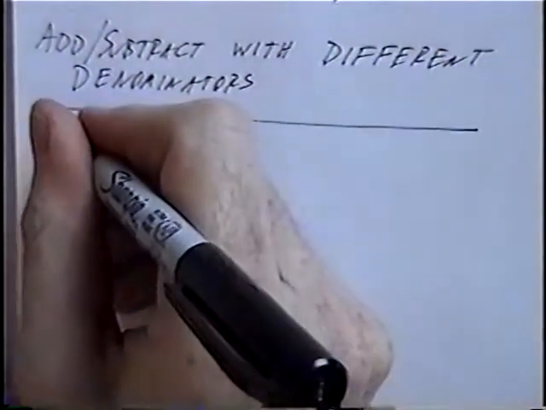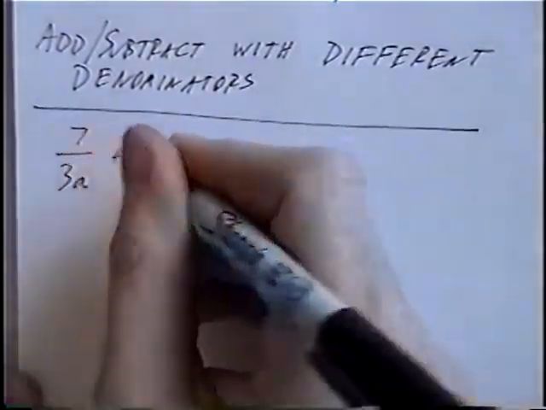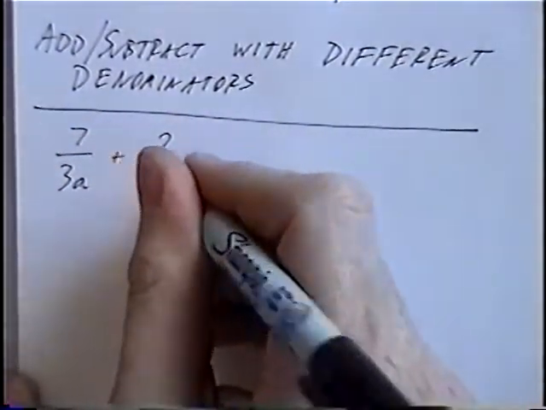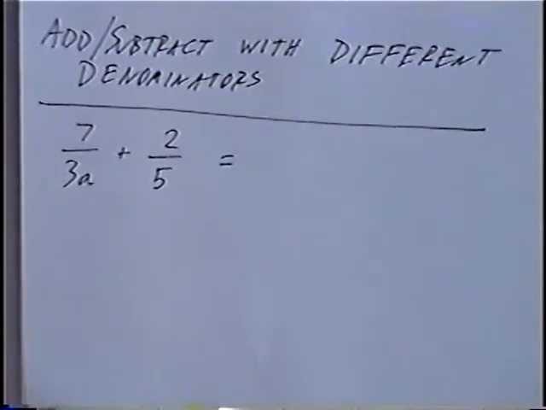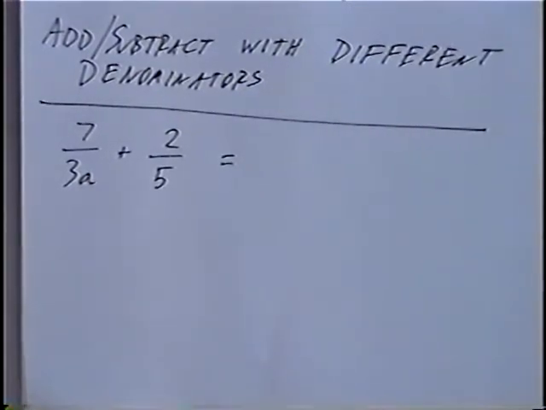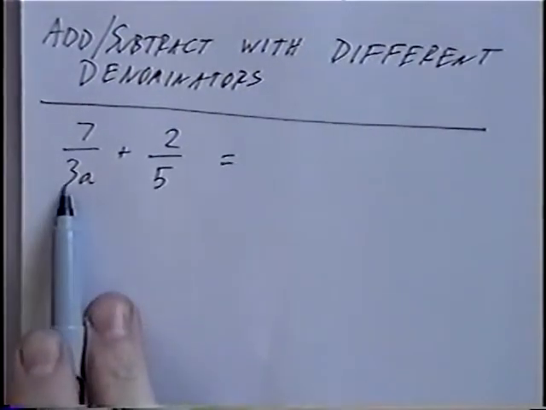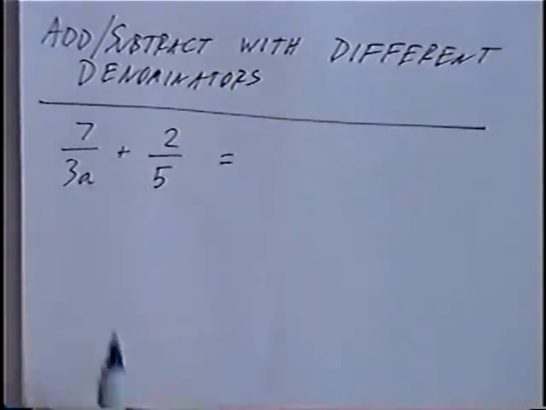First problem is 7 over 3a plus 2 over 5. Again, before we add two fractions, the denominator or bottom number has to be the same. In this case, we'll look at the two numbers, 3 and 5, and we want a common denominator.